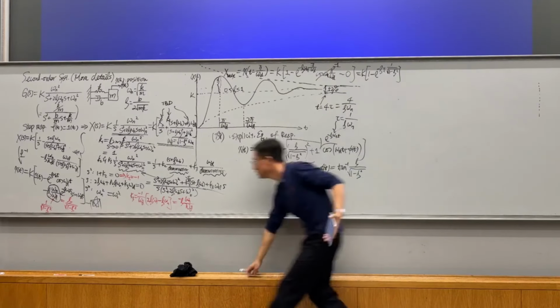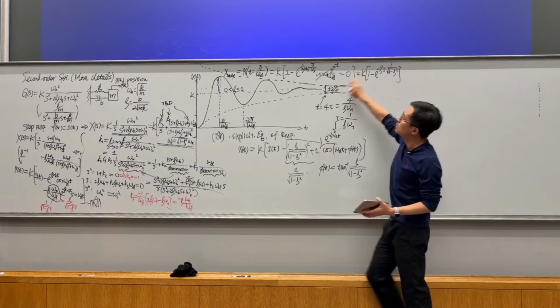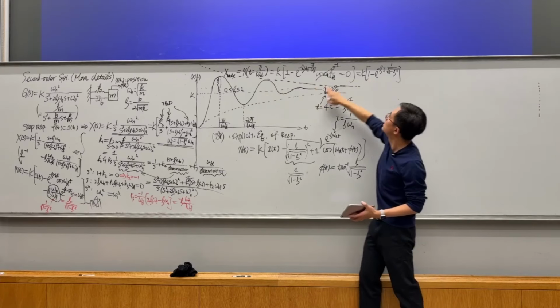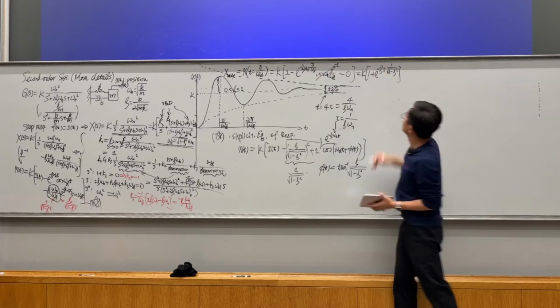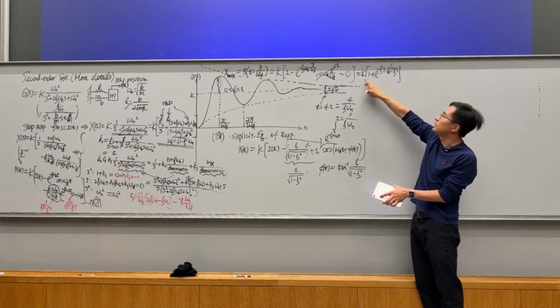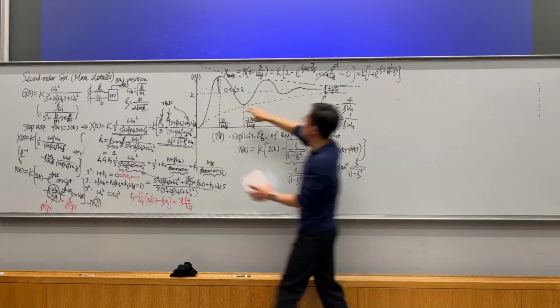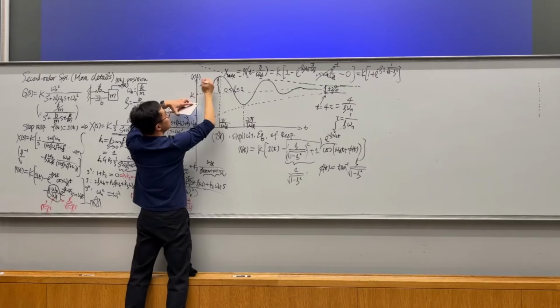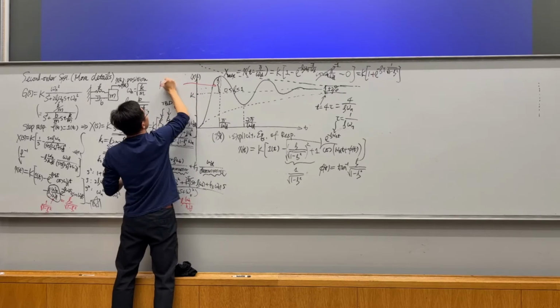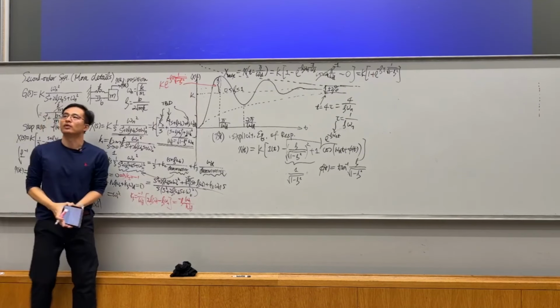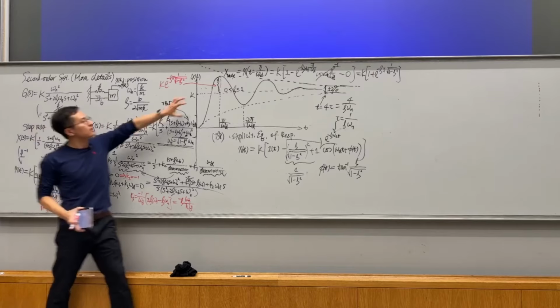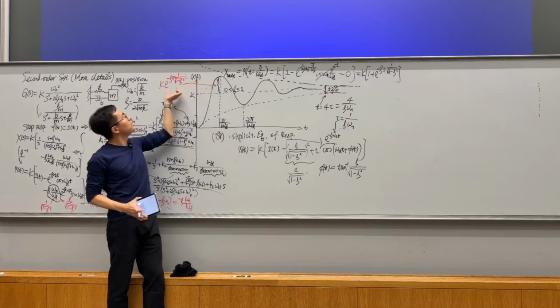There's a minus sign here and a minus sign here, so it's a plus. So it's k plus k times this term. I already have k here, so this distance is k e to the negative zeta pi times 1 over the square root of 1 minus zeta square. And this is saying I'm overshooting by this amount.